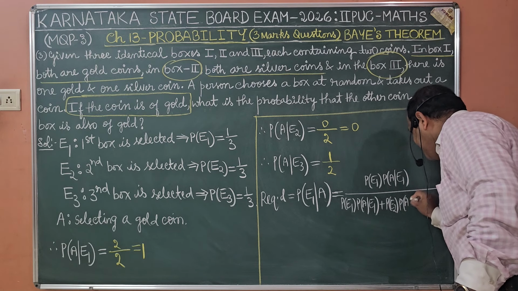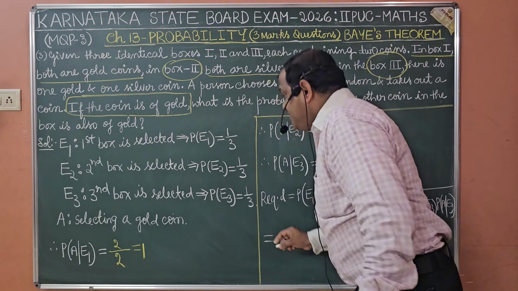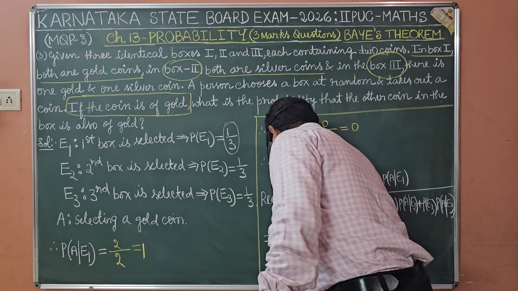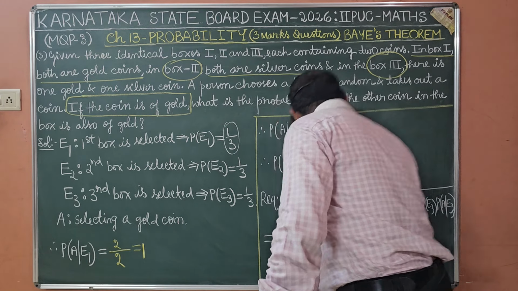Now quickly let me substitute. P of E1 is 1 by 3, into P of A given E1, which is 1, plus P of E2, again 1 by 3, into P of A given E2, which is 0, plus P of E3, again 1 by 3, into P of A given E3, which is half. Therefore the numerator is 1 by 3 into 1.